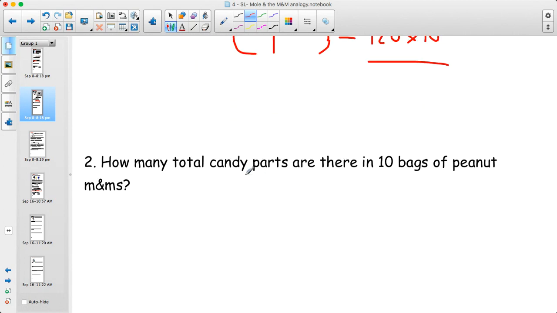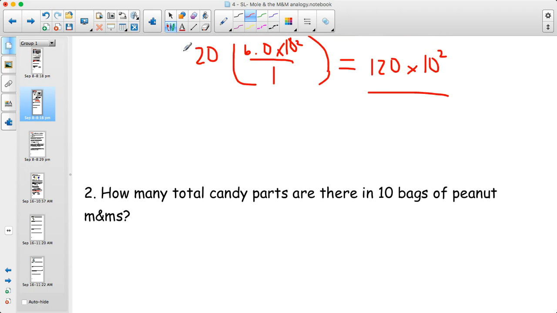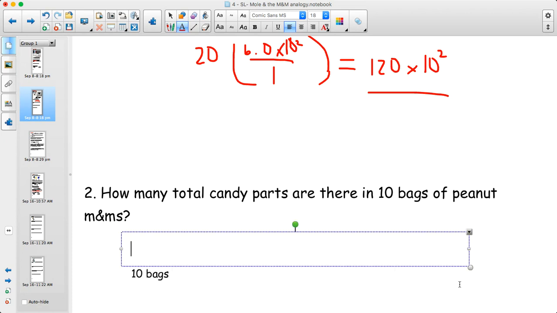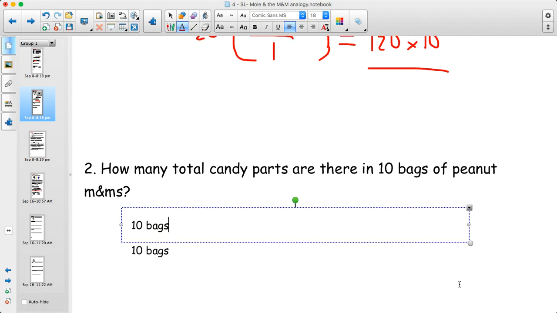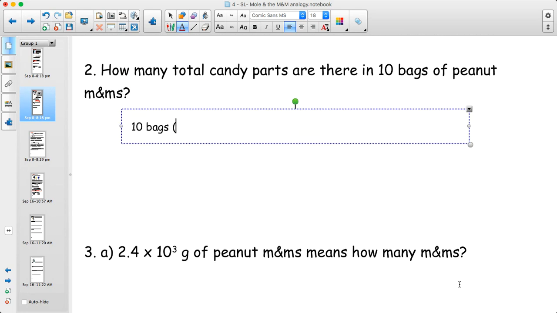Now, candy parts. This is where it gets slightly more complicated and really just adds one more step. If we've got the 10 bags of peanut M&Ms, the easiest thing to do is to first figure out how many M&Ms there are. So in 10 bags, there are 6.0 times 10 to the second pieces for one bag.